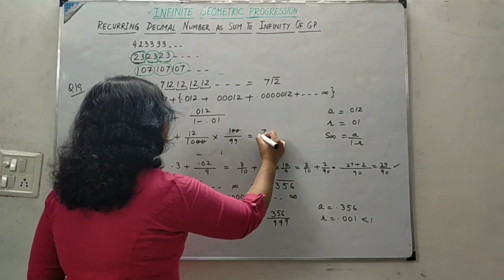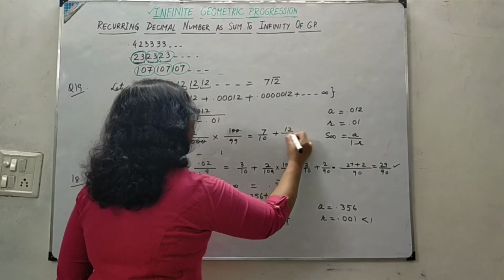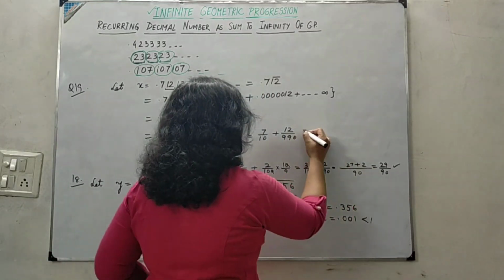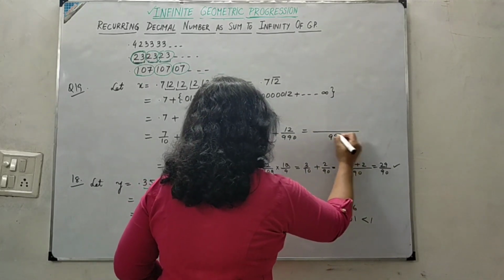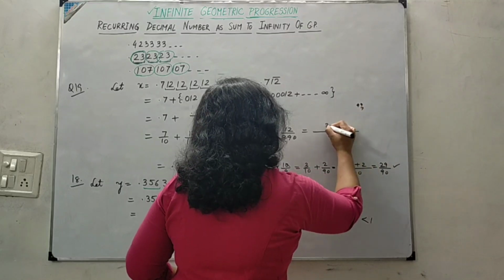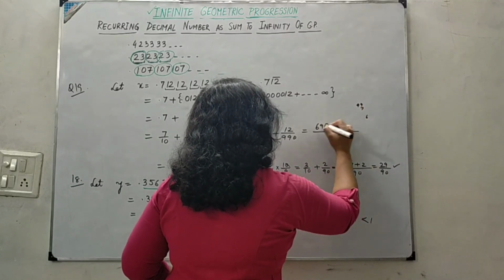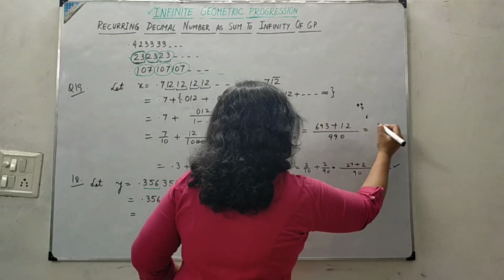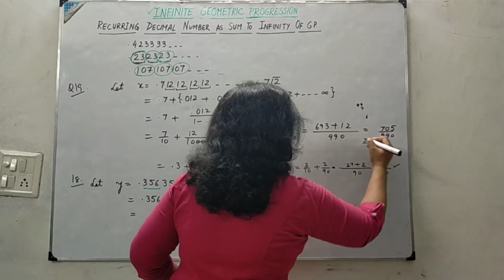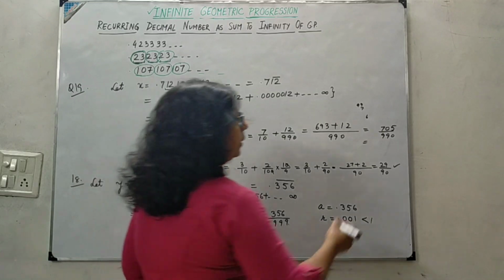So we are left with 7 by 10 plus 12 by 990. After that, if I take LCM, this is your 990. We can simplify it further and get the answer.